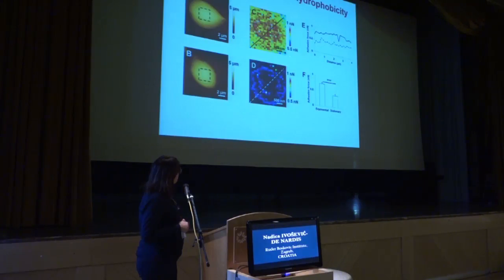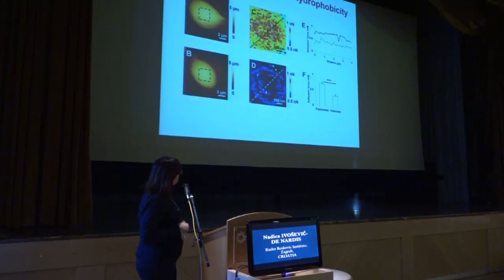And this adhesion force map shows us a pronounced difference between the cell in exponential versus the cell in stationary phase. And this difference in adhesion force as well shows a statistically significant difference.